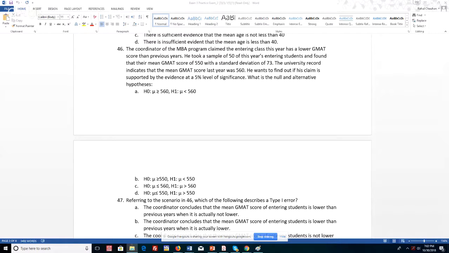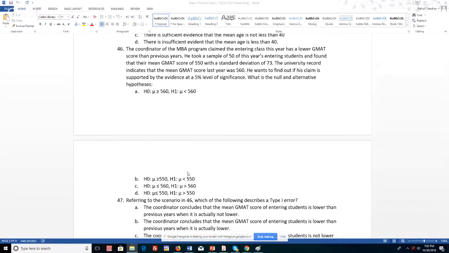So what is the null and alternative hypothesis? Okay, so he is saying that the mean is lower than last year's, right? That's what he's trying to claim. So now we're looking for an alternative hypothesis that says that the mean is less than 560. And looks like the only one where the alternative says that the mean is less than 560 is A.